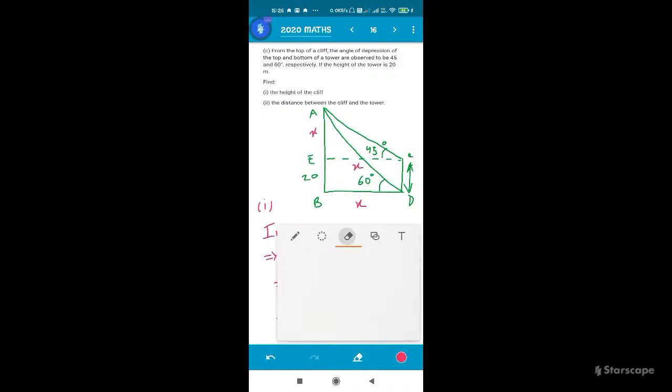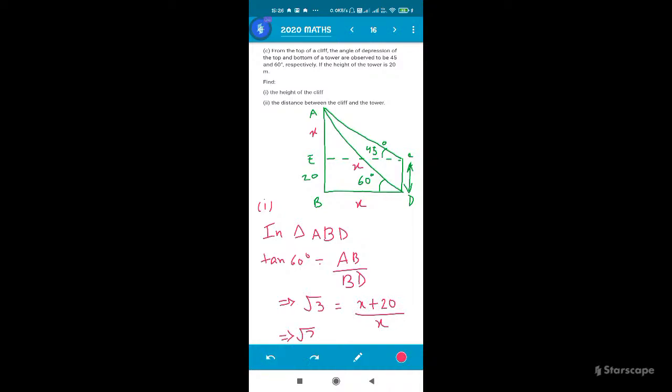So for the triangle ABD, what do we find? Tan 60-degree is equal to height by base, that means AB by BD. So tan 60-degree is root 3, AB is x plus 20 and BD is x. So from here we directly get that root 3 x is equal to x plus 20.